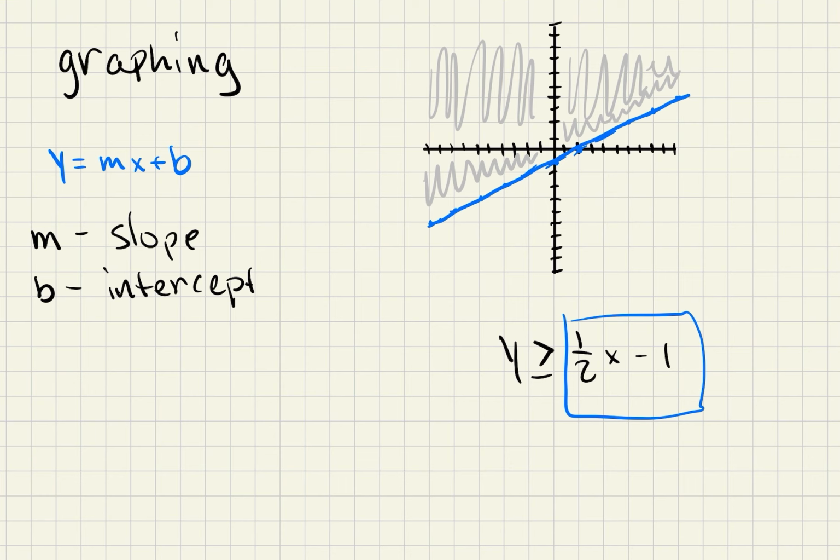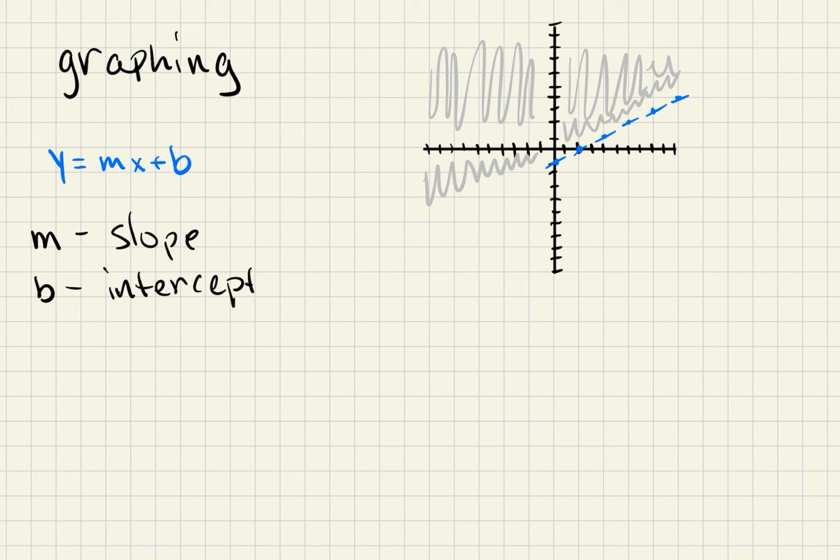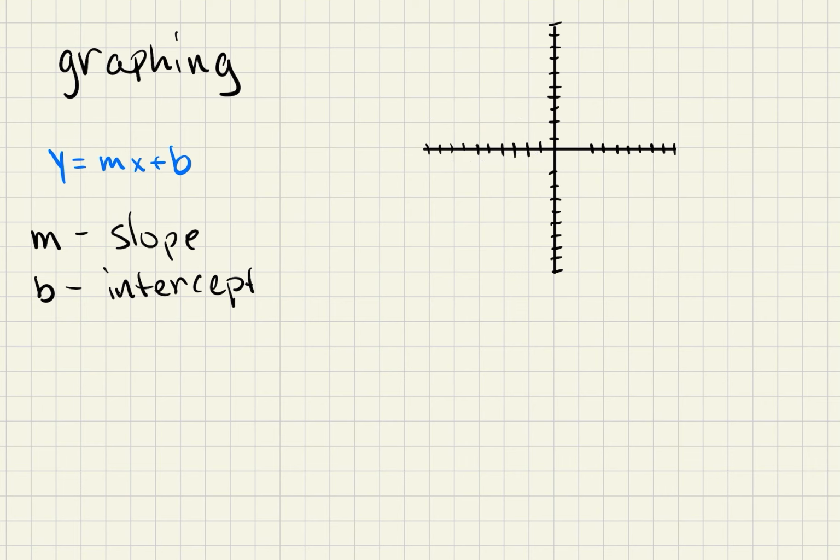Let's go ahead and do another example. And if I could keep this graph, that would be amazing. There we go, I think I got it. Okay. Just gotta fix up a few of these. So now we're going to do y is less than negative 3 over 2x minus 2. So we're going to start at 0, comma, negative 2, which is right here, and then we're going to go over 2 and down 3.